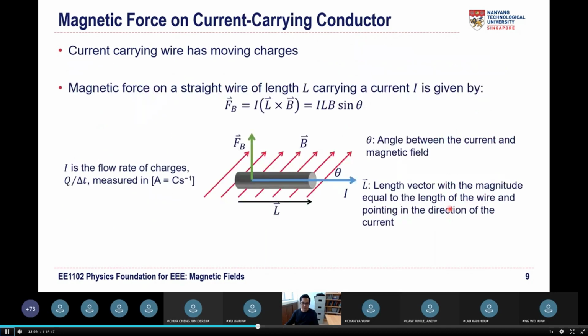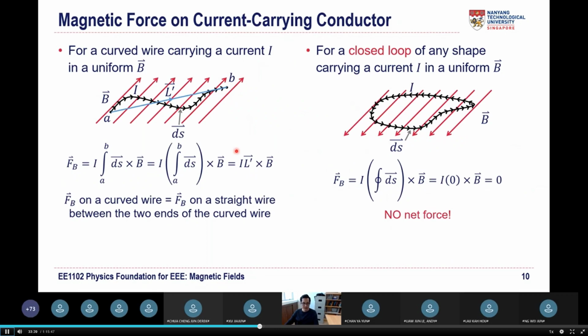So this equation is for a current carrying wire that is straight, but your wire may not always be straight, of course. It can be a curved wire like that. And in that case, you need to consider the force due to very little elements of ds, and then you need to add them all together.